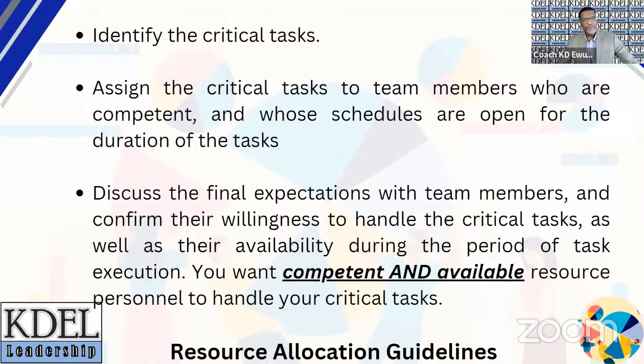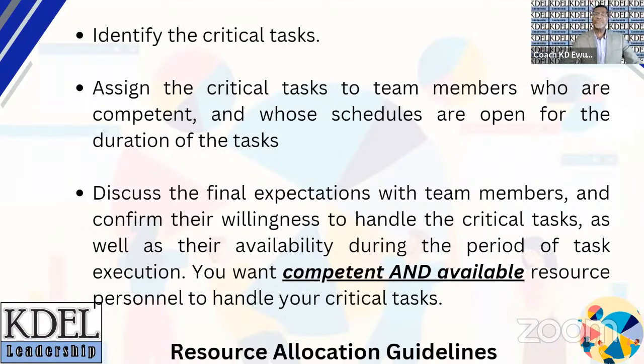Number one, you want to identify the critical tasks. Number two, you want to assign the critical tasks to team members who are, first of all, competent and whose schedules are open for the duration of the tasks. It doesn't make sense to give a job to somebody who doesn't have availability on their schedule.